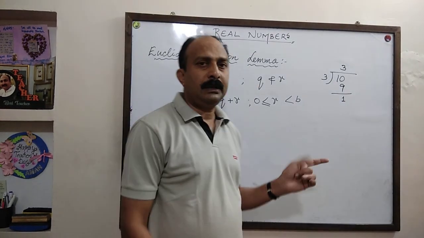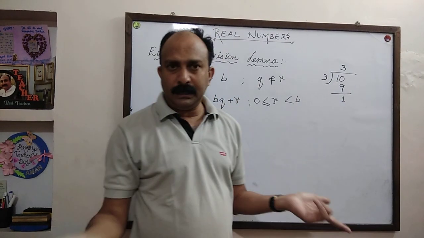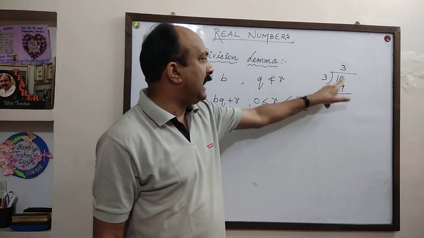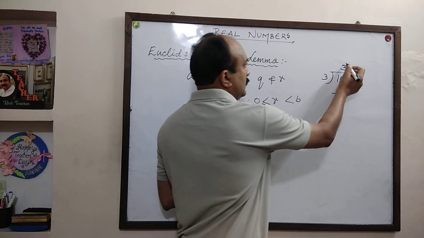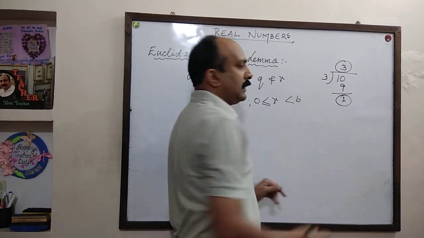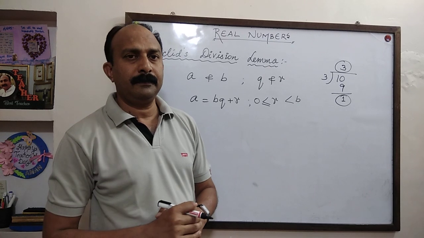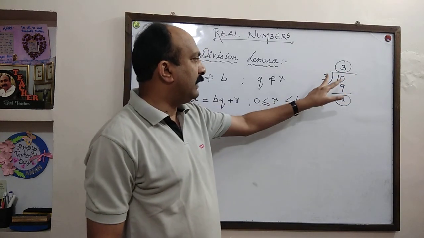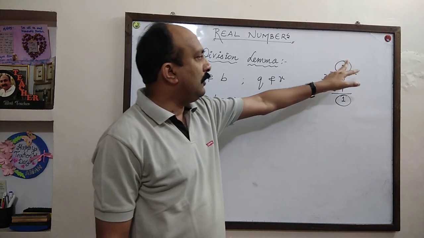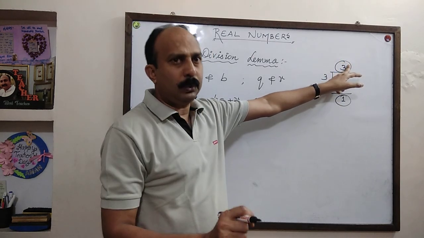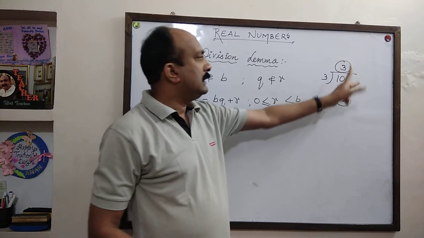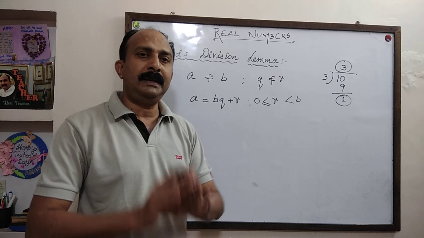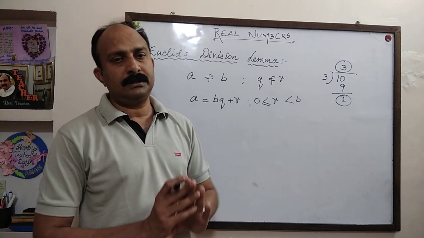If I do the division or you do the division or anybody does this division, for these two fixed numbers a and b, this q and r are always the same. So if a is divided by b, then always there exist a q and an r. This q and r are unique, means the answer will be the same all over the world.